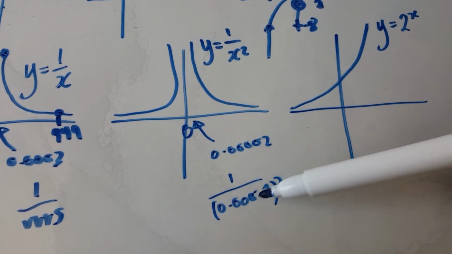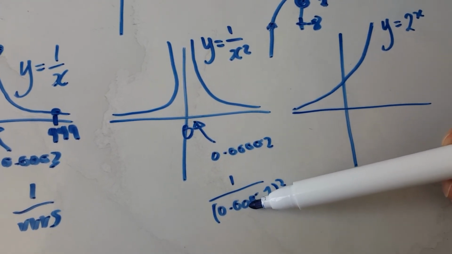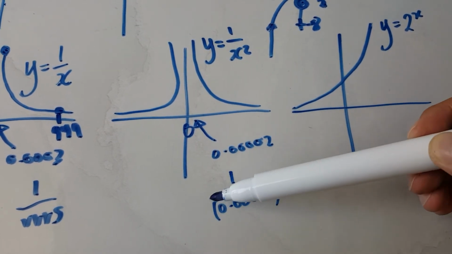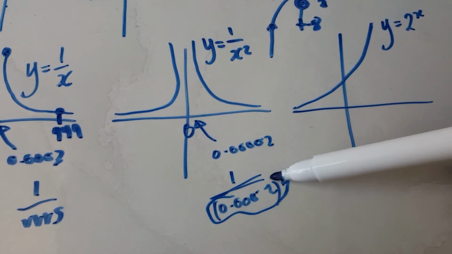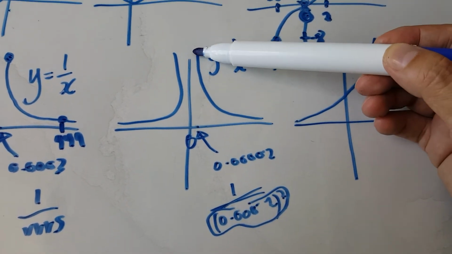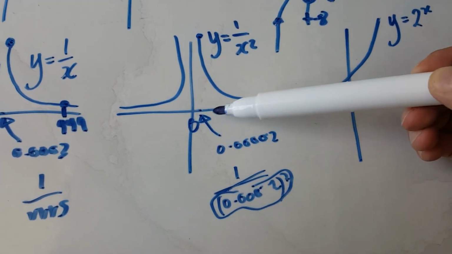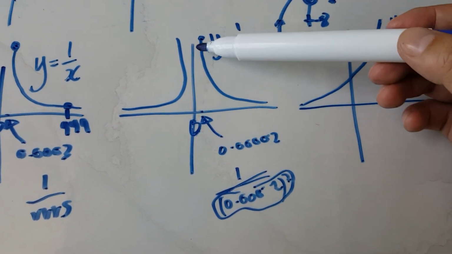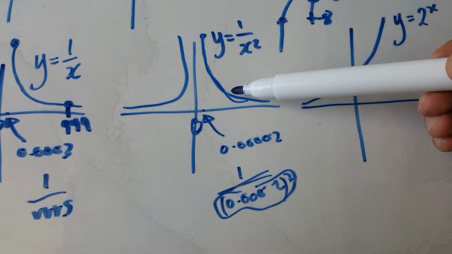When you square it, you see a small number, and then it will be even smaller. So 1 divided by an even smaller number, overall it will be very, very big. So it jumps all the way up to here, and then you can slowly build up your graph in your mind. So 1 over x squared looks like this.